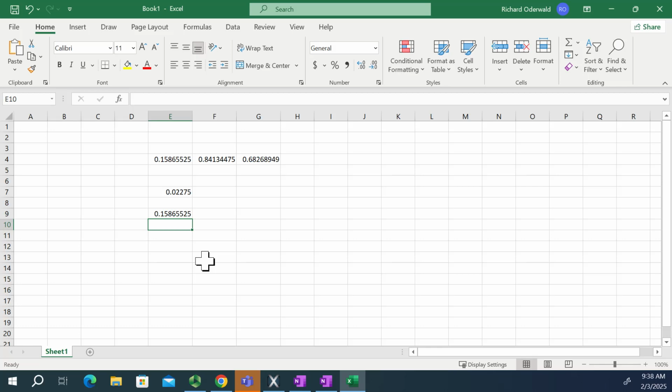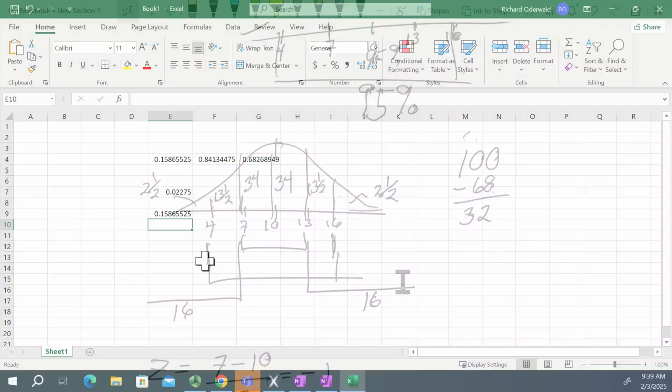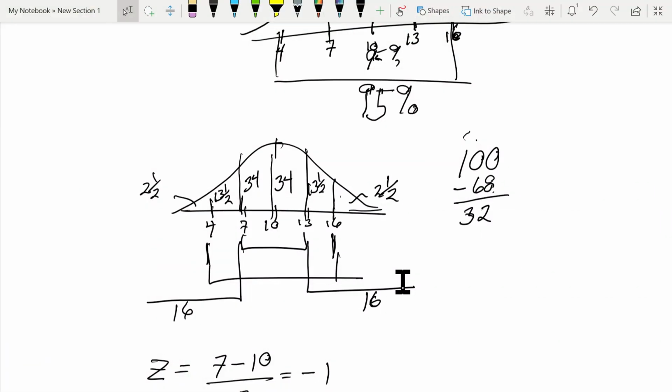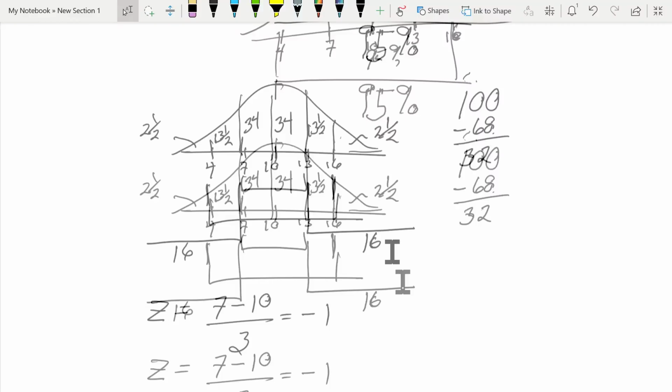So I calculate the z-score for 7, it's minus 1. I put in a minus 1 for the standard normal, and it gives me exactly the same thing. So the empirical rule is the unofficial version of the whole standard normal table, or the normal distribution.